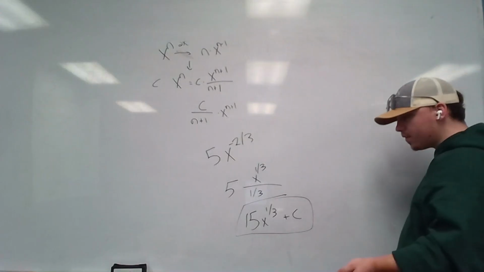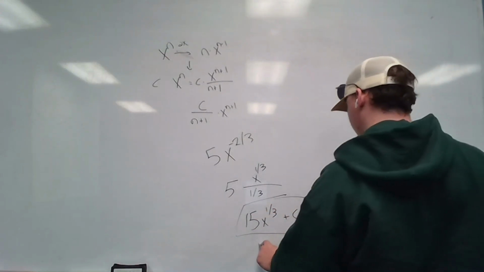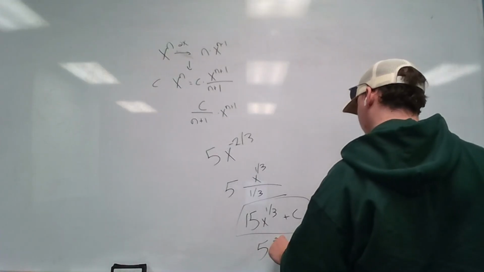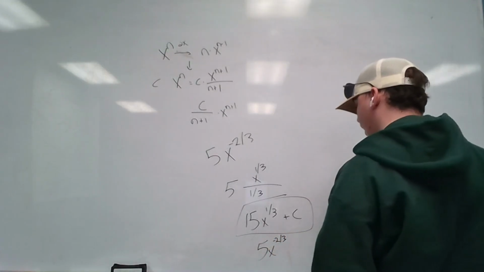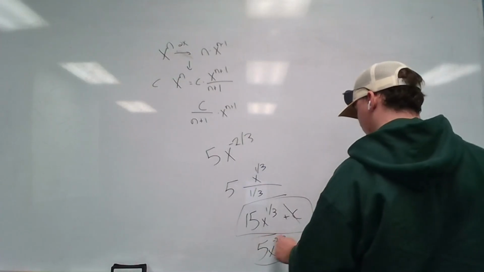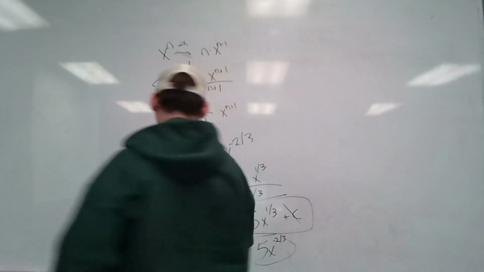And we can take the derivative of this. So 1/3 times 15 is going to be equal to 5, and then x to the negative 2/3. And then c we can cross out because it's just a constant, and we get the derivative that we started with. Okay, let's move on to the next rule.